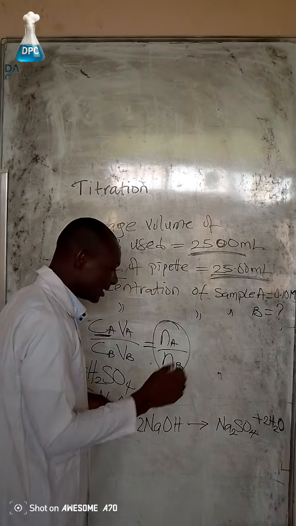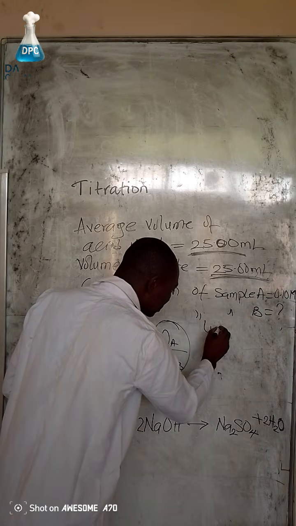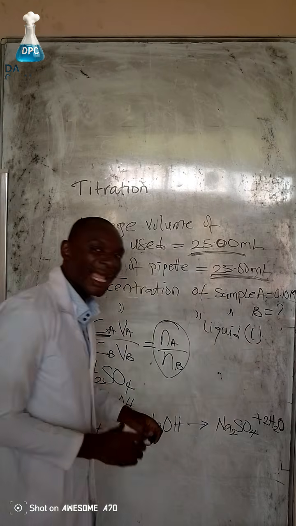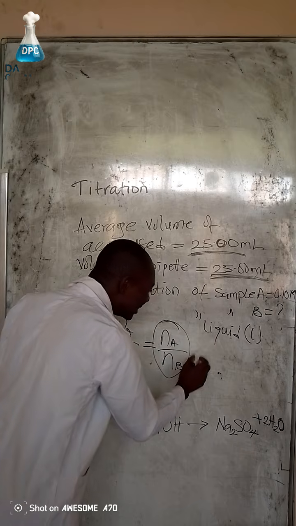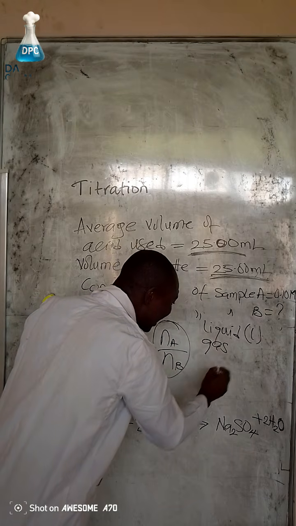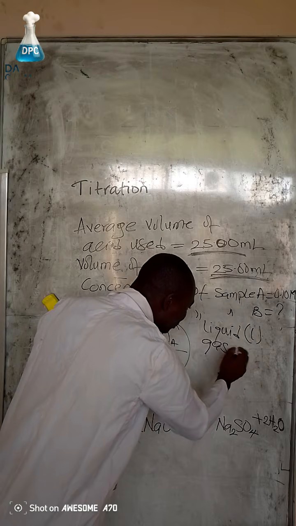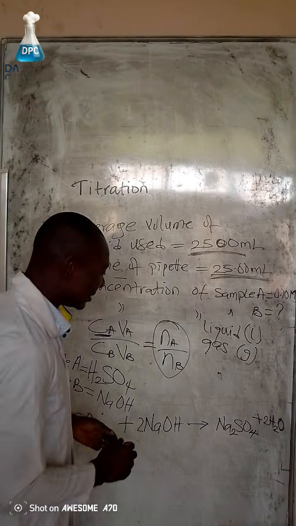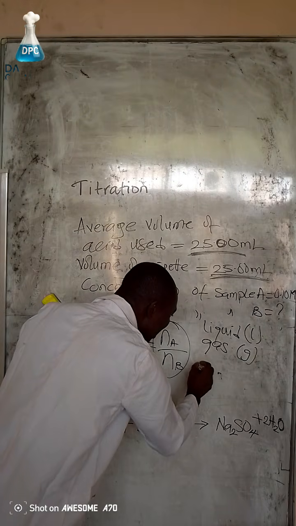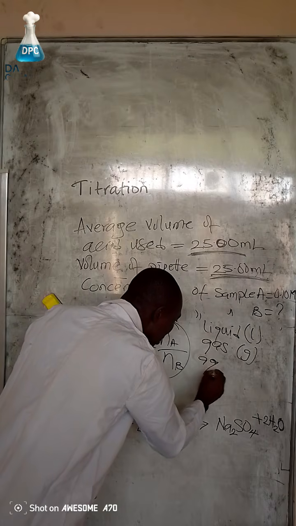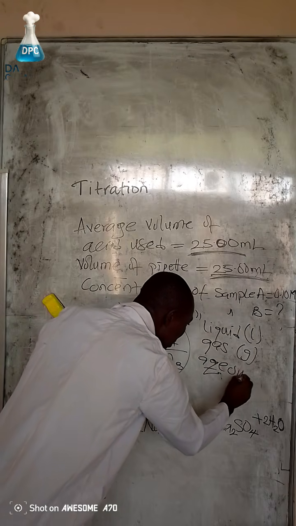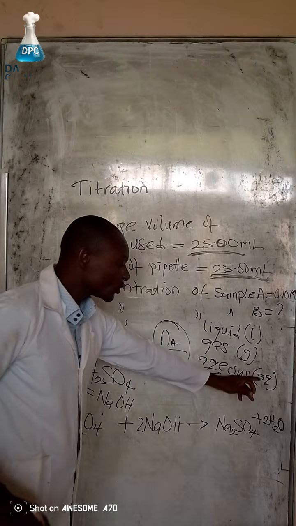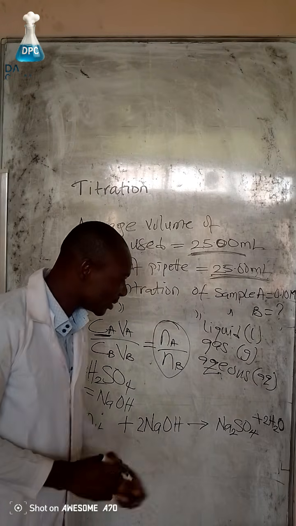When it is liquid, you are expected to just indicate small letter L. When it is gaseous, you are expected to just indicate small letter G. When it is aqueous, you are expected to write small letters AQ. These are the specifications.